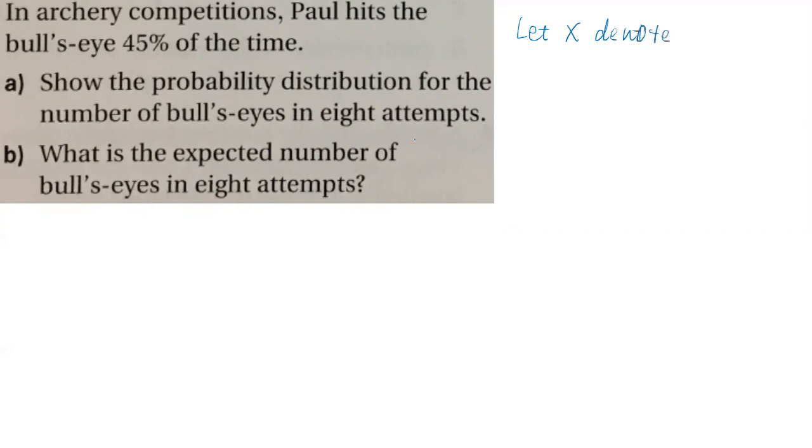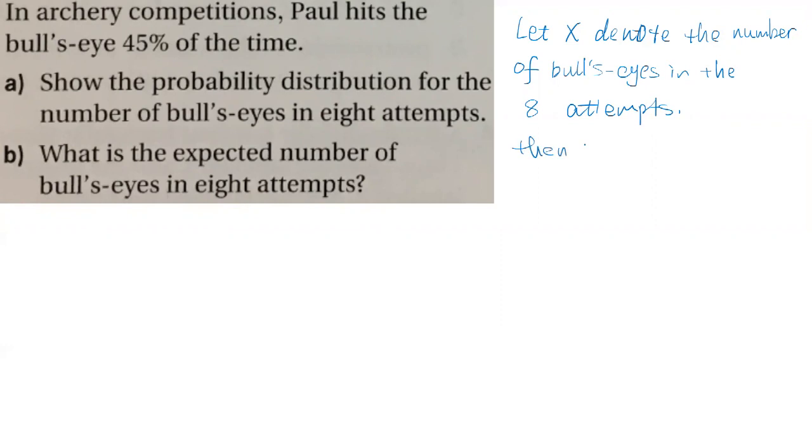The random variable should be the number of bullseyes in 8 attempts, right? So we can write: let X denote the number of bullseyes in the 8 attempts.